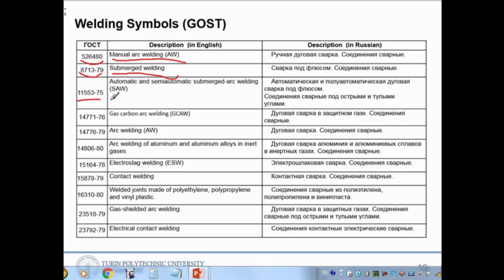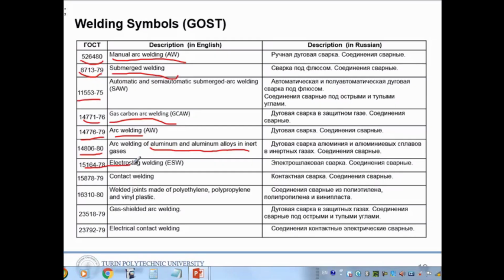This one is automatic and semi-automatic submerged arc welding. This one is gas carbon arc welding. This is just arc welding. This one is arc welding of aluminum and aluminum alloys in inert gases. You need special conditions to make this welding, because aluminum should be welded in a special place with special gas.